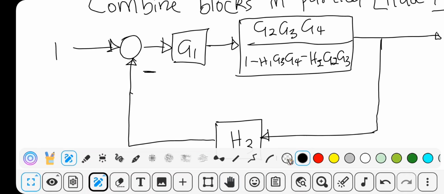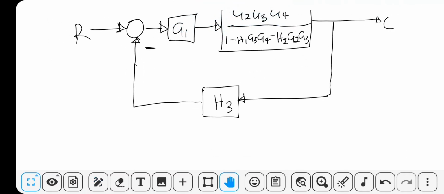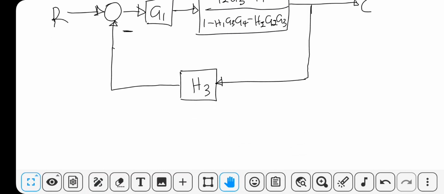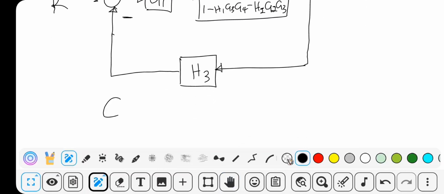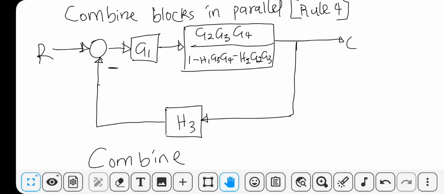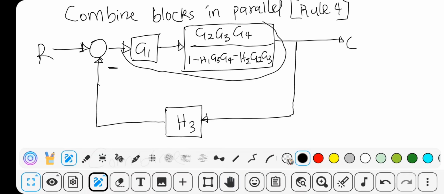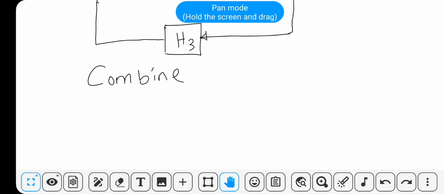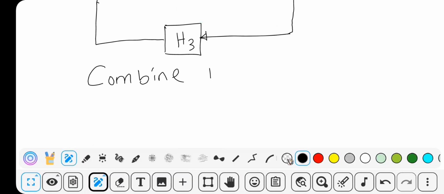This will be the arrow, your input. So now the next step. From here, these two blocks are in series, so we can combine them. So combine blocks in cascade, rule 1.